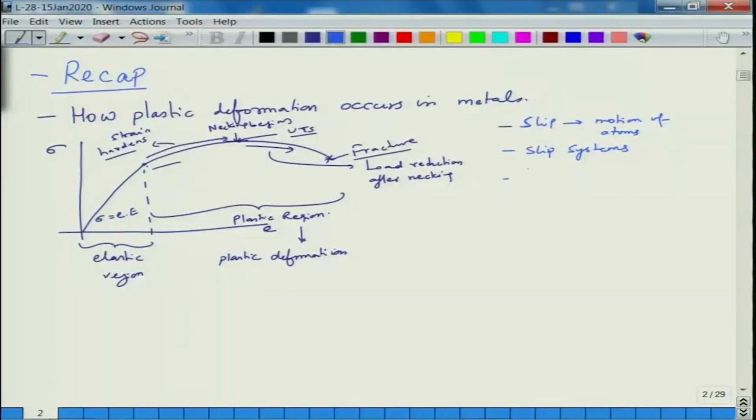So, based on this what we calculated was resolved shear stress, and for deformation to occur this resolved shear stress has to be larger than the critical resolved shear stress. Now, critical resolved shear stress is a material property.